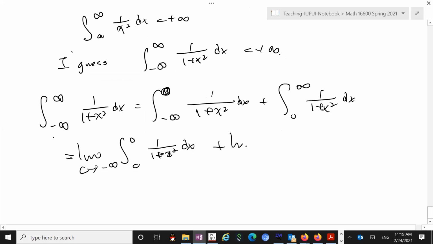And this is going to be the integral from 0 to c.